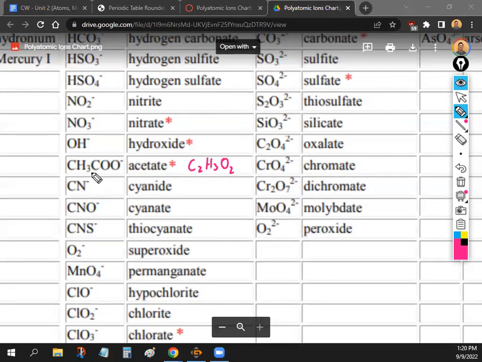It becomes CH3COO, right? And the reason they do that is so that it's easier for the reader to see what the molecule looks like. Towards the end of the year, we'll talk about drawing the bigger structures, but this kind of tells you what the molecule is going to look like. So just keep in mind that sometimes we write the formula like that in order to show the structure.